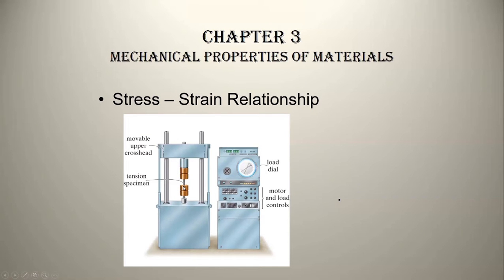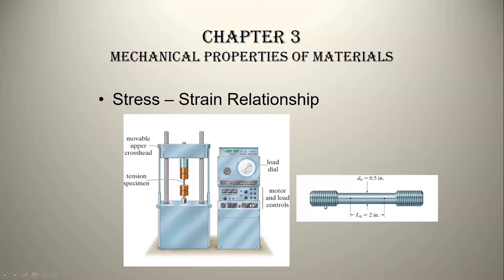And the specimen is constructed or made in a specified manner. This is what the specimen looks like. It has an initial diameter of 0.5 inches, and then a 2-inch length is marked there. And then these things are screwed into the heads.